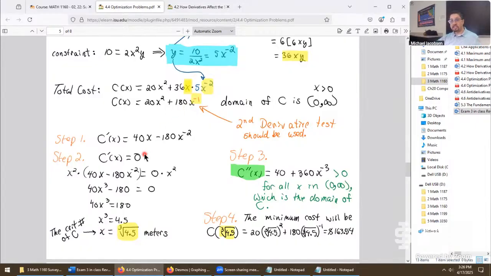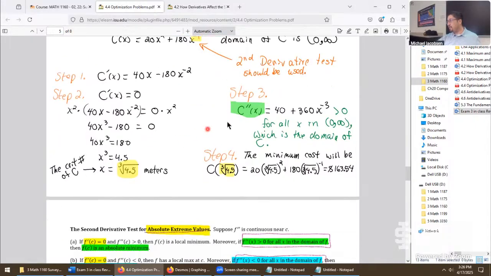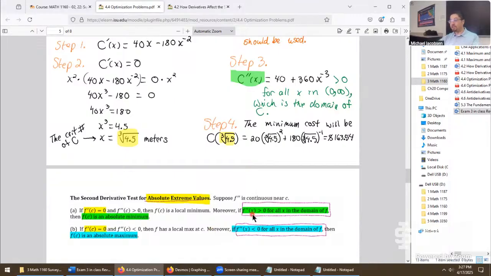We differentiate once, get a critical number, then we differentiate it twice. We saw that this is always positive because the x here is in a domain from 0 to infinity. This is a purely positive number now, and that meant for the second derivative test, we got this outcome. There is an absolute minimum for the conclusion on second derivative test.